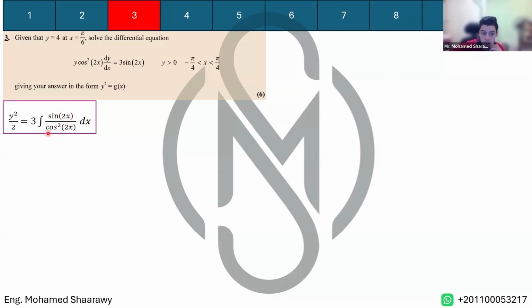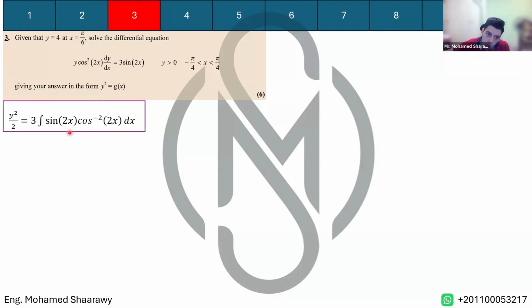Okay, but the differentiation of cosine squared 2x is not just sine 2x. So do not think about ln. Think about reverse chain rule. Let me rewrite this like this first. So cosine squared downside is the same thing as cosine power negative 2 on the top side.